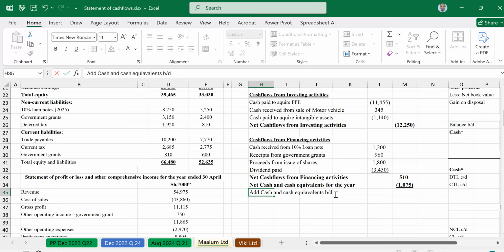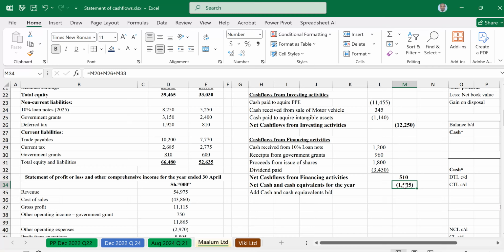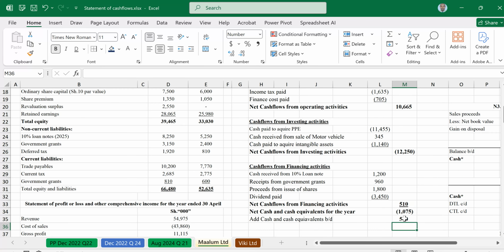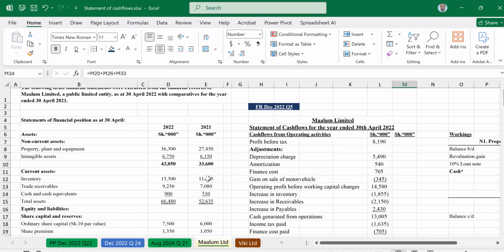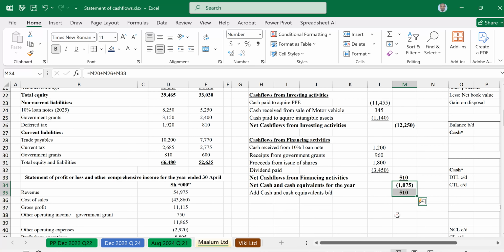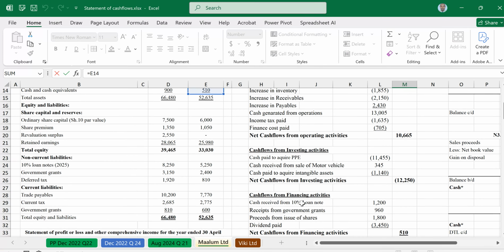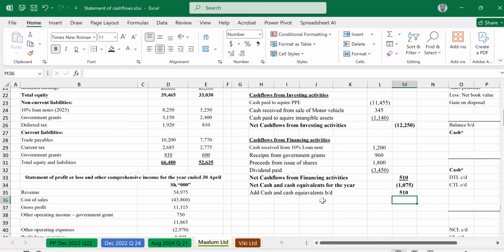The cash and cash equivalents brought down amounted to 510.